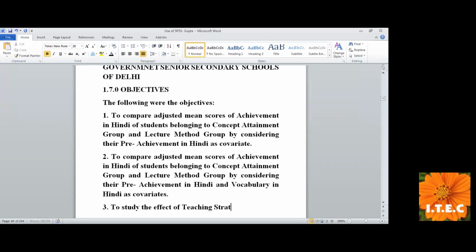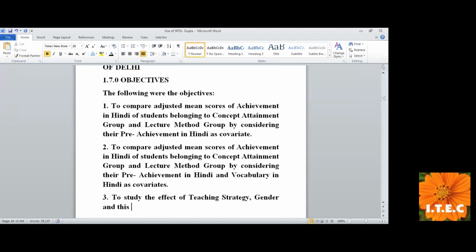teaching strategy, gender, and their interaction on achievement in Hindi.